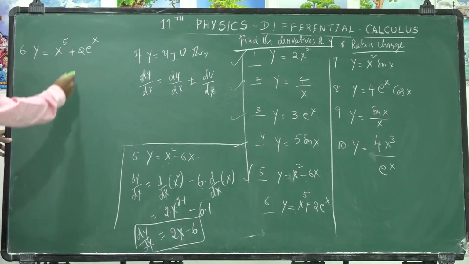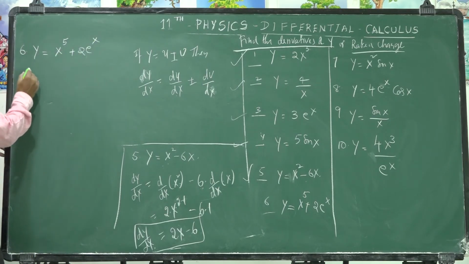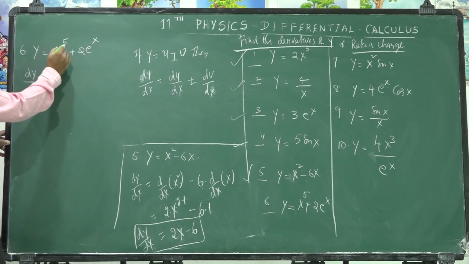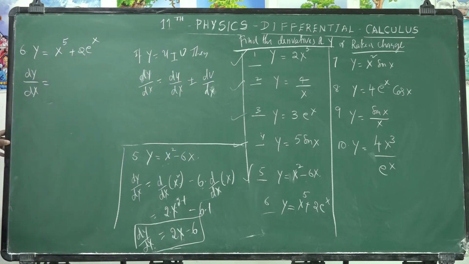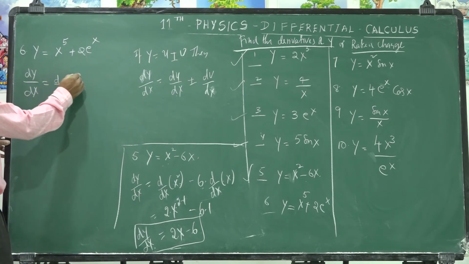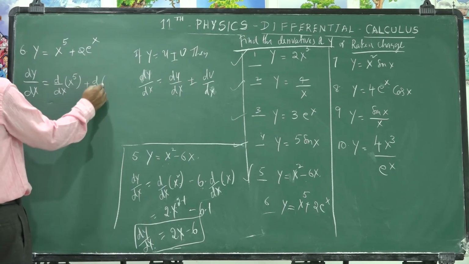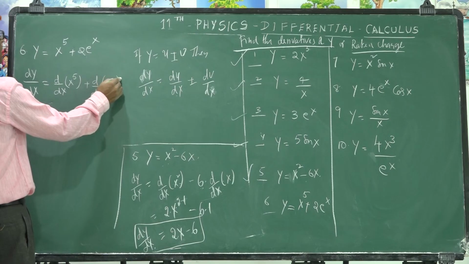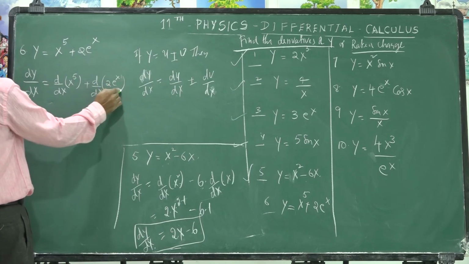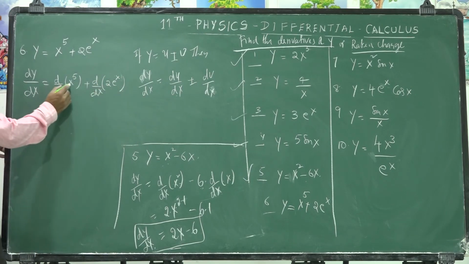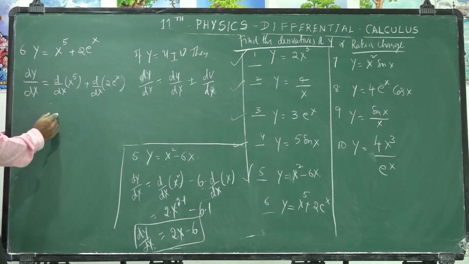This is an exponential function. I want the derivative of this, dy by dx. x to the power 5, use the x to the power n formula. d by dx of x to the power 5, first you apply distributive, plus d by dx of 2 e to the power x. So this is the first step, distributive. Then use the x to the power n formula.